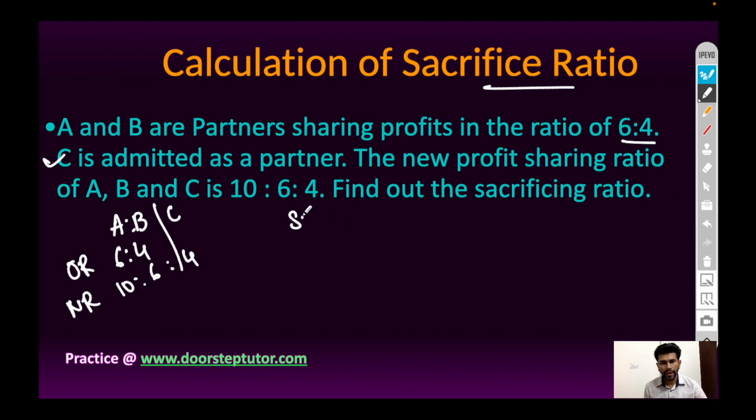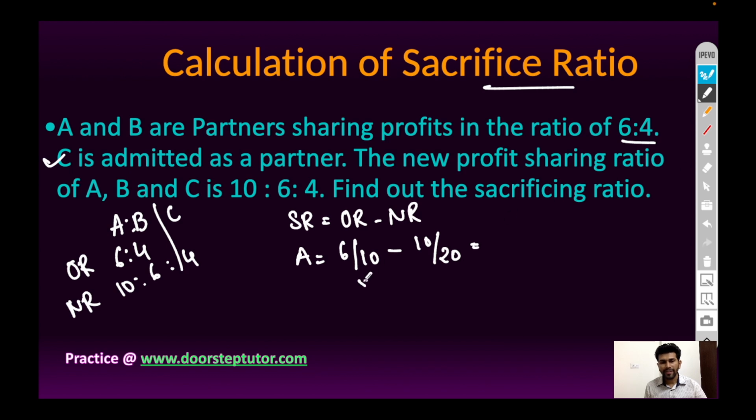So we know that sacrifice ratio is equal to old ratio minus new ratio. So the sacrifice ratio of Mr. A will be, old ratio is 6 divided by 10 minus new ratio is 10 divided by 20.